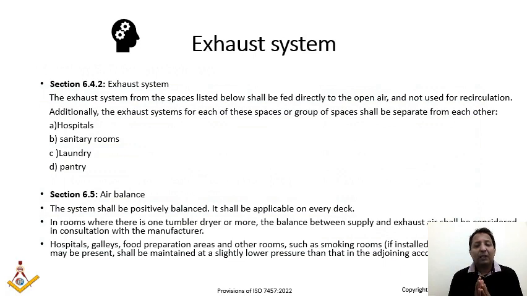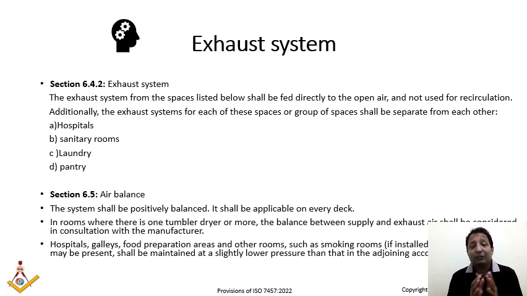Now this particular slide is again the exhaust system. Section 6.4.2, exhaust system, states that the exhaust system from the spaces listed below shall be directly fed to open air and not used for recirculation. Additionally, the exhaust air system for each of these spaces or group of spaces shall be separate from each other. It says that if you are taking the exhaust from these spaces, it should be an independent exhaust.